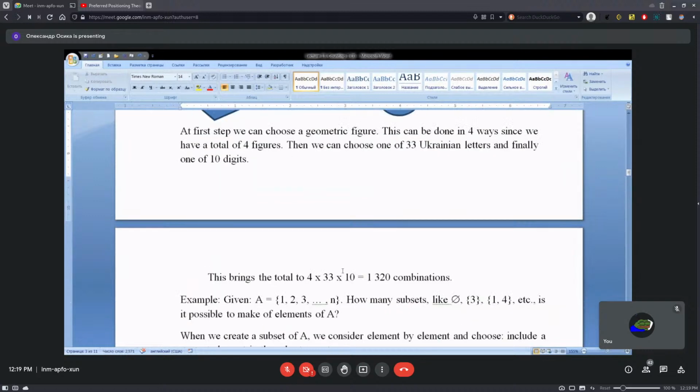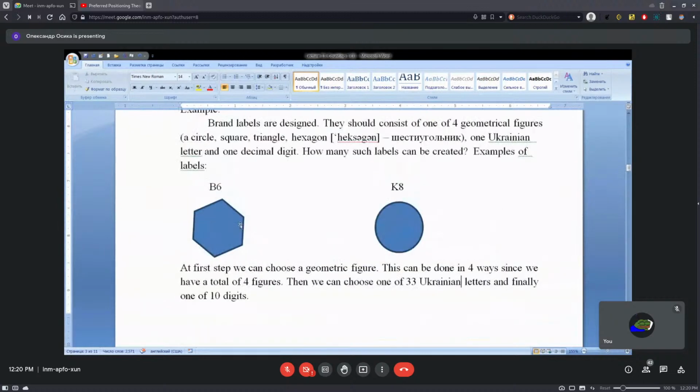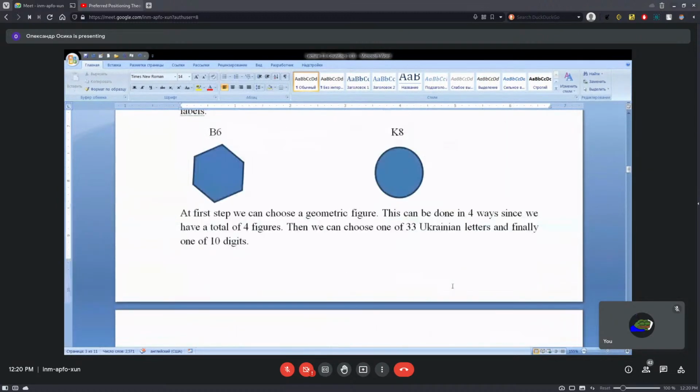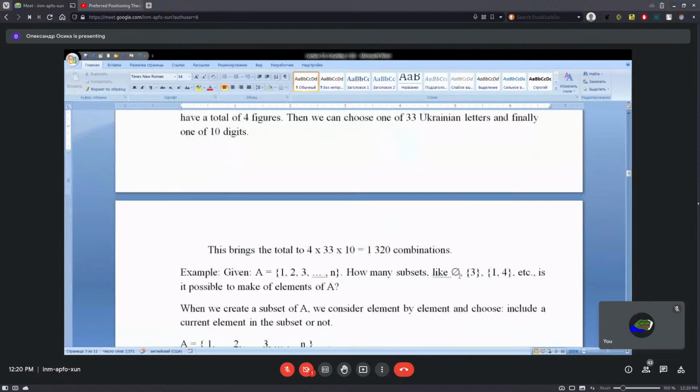The total number is 4 by 33 by 10, which is 1,320 combinations. Maybe they are not much of an attraction, but still combinations.